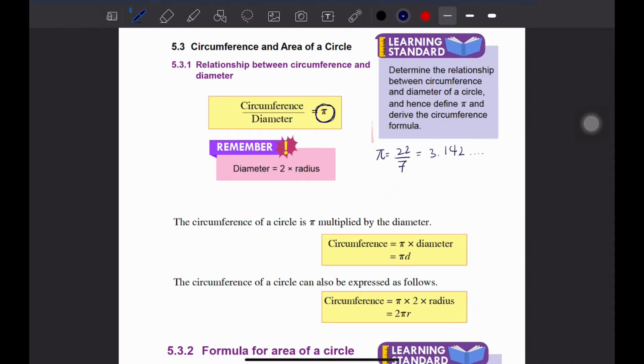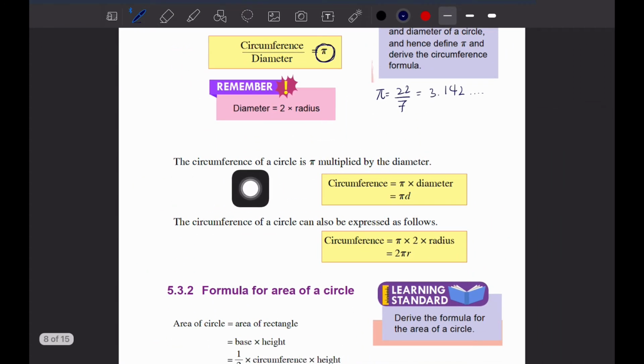Over here, let's look. The circumference of a circle is pi multiplied by the diameter. So the formula is pi d, or we know that diameter is 2 times the radius, right? So you can rewrite the formula as 2 pi r.